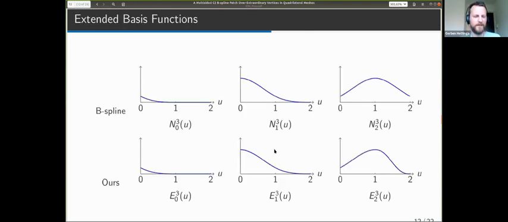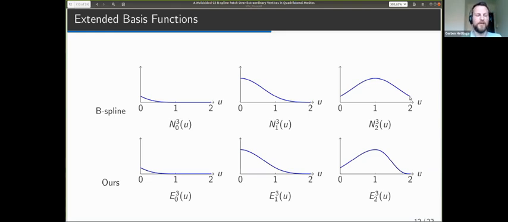So this is why we constructed these extended basis functions. In the top row over here, these are the standard cubic uniform B-spline basis functions, here are the first 3. And you can see at the end of the interval here that the third function is non-zero over here. This introduces problems, of course, because you want the surface on each side to be only determined by its respective ribbon.